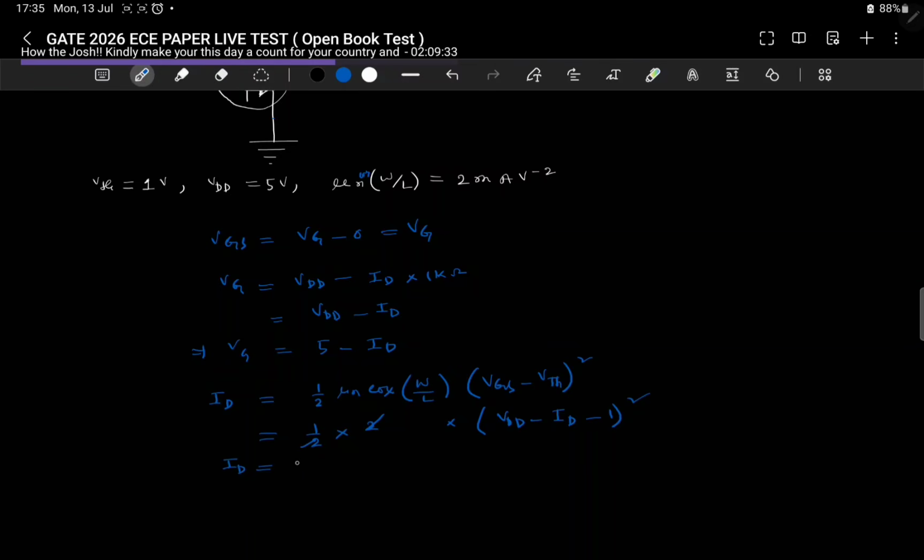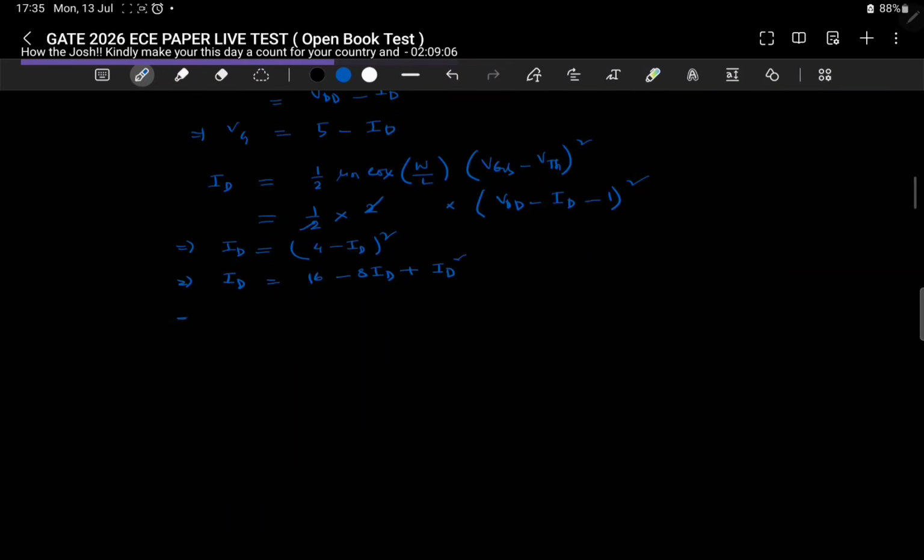So ID equals (4 minus ID) the whole square, which gives ID square minus 9 ID plus 16 equal to 0.